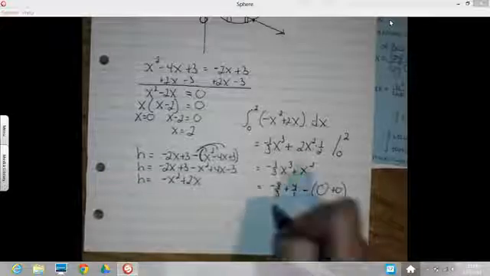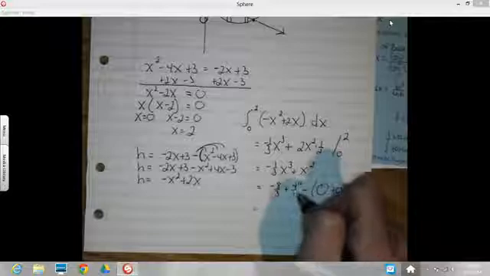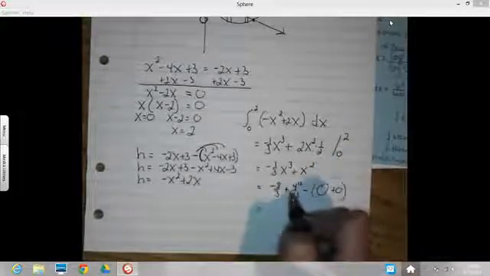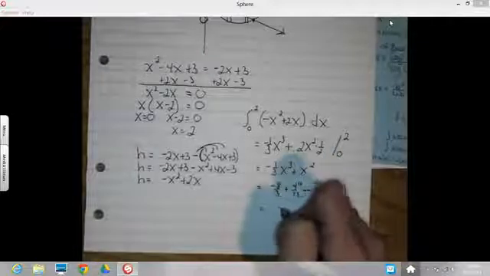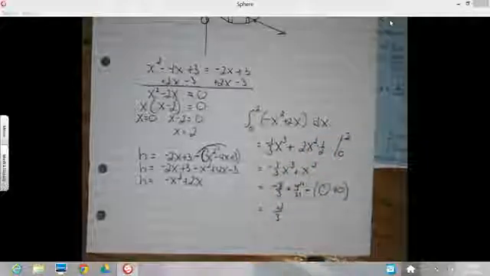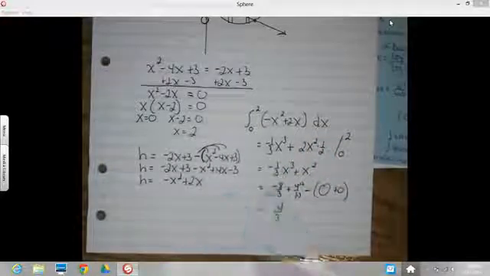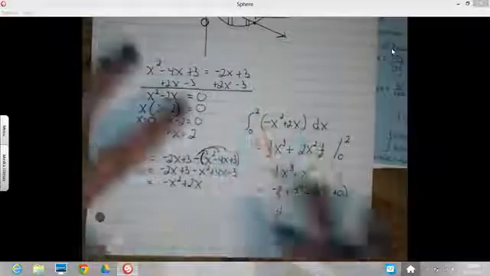Okay, this will be 12 thirds when I multiply by 3 over 3. So negative 8 plus 12 is 4 thirds, or 1 1/3, or pick up a calculator. Okay, not so bad. A lot of work, but nothing too challenging, I don't think. Just got to be careful with your algebra.